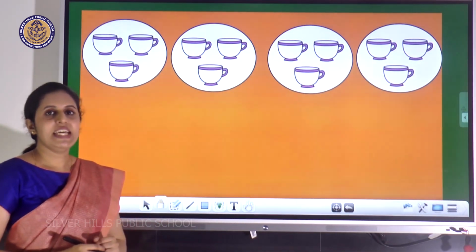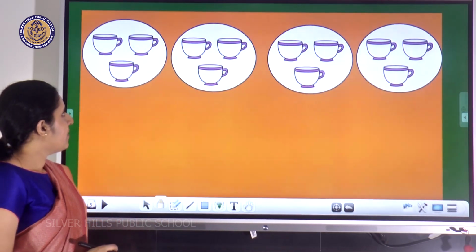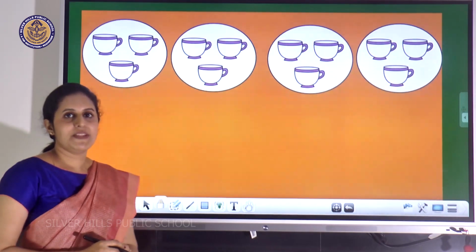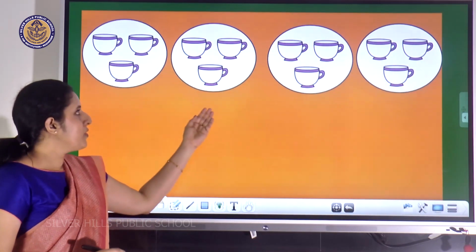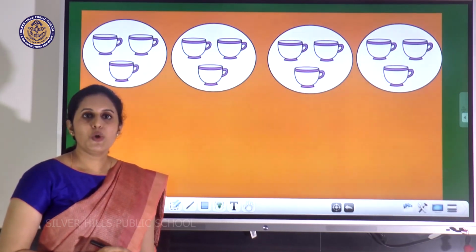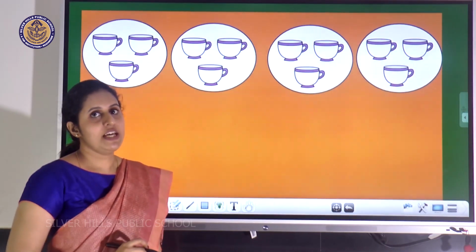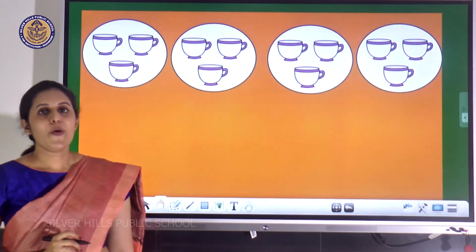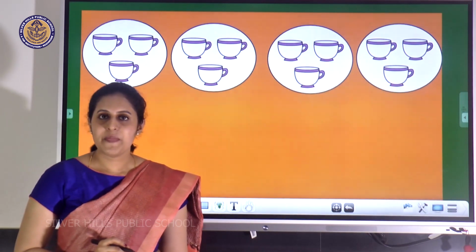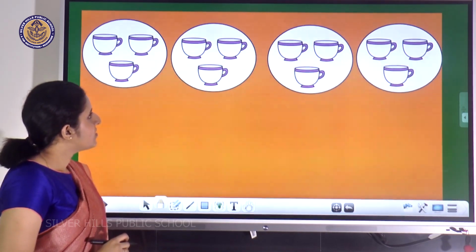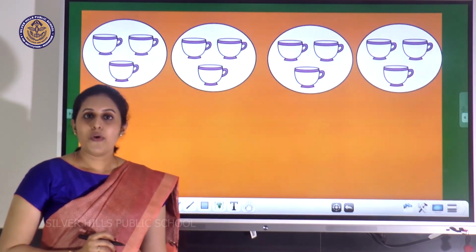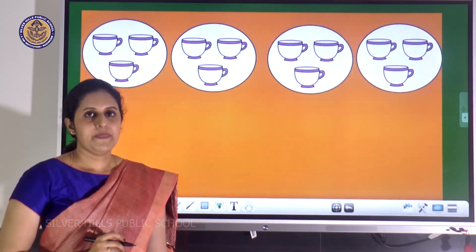Now, as you can see in the picture, we have teacups here. What are they? Teacups. You can observe that they have been grouped. Equal groups they are. How many such equal groups are there? Let me see. 1, 2, 3, 4. 4 groups are there.